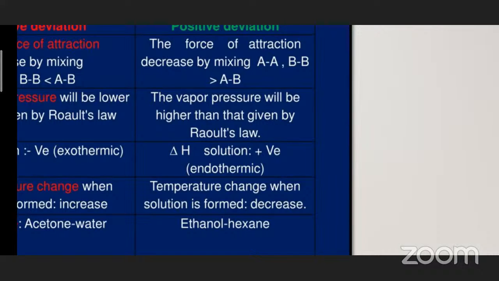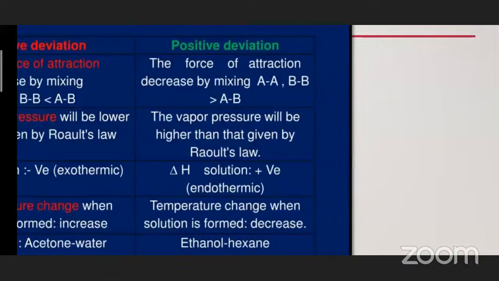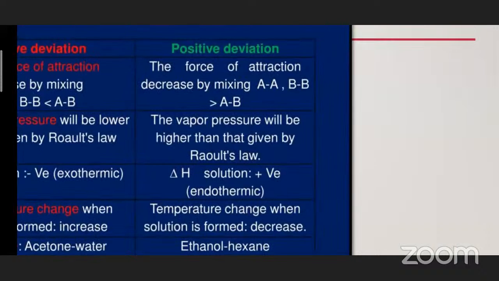Now, once we are mixing A and B, the interaction would be A-B. So the attractions are decreased. So instead of being in the solution form, they are going into the vapor phase.